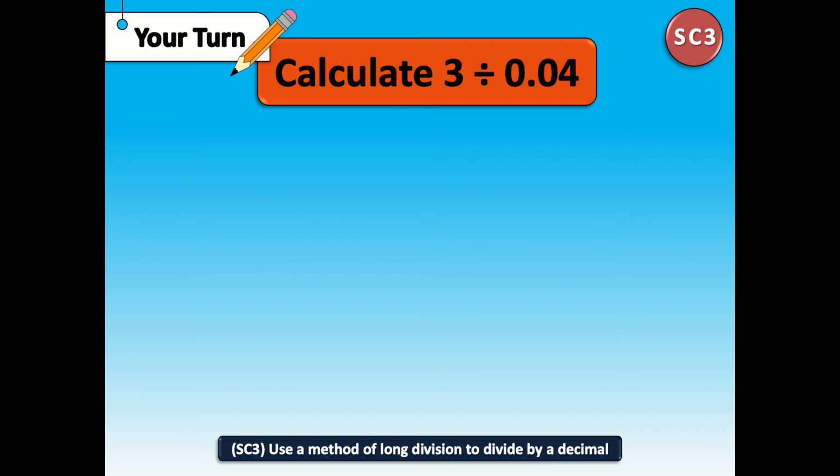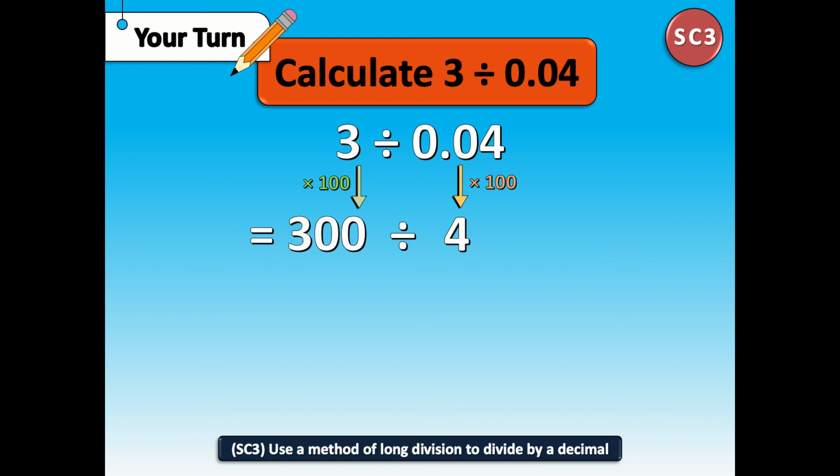So here we want to do 3 divided by 0.04. So I need to think, what can I times 0.04 by to make it a whole number? Well, I can times it by 100, because that would make it 4. So if I times that number by 100, I've got to do the same to the first number. So 3 times 100 is 300.